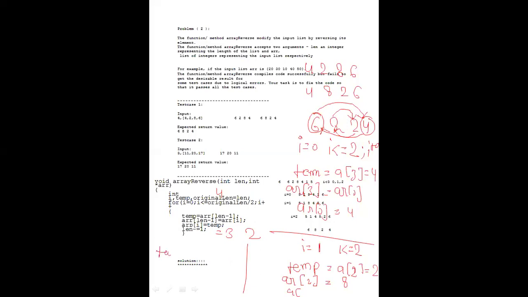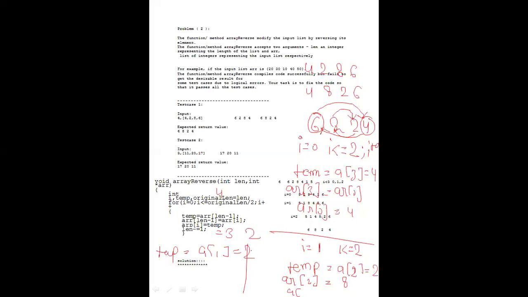So, okay, I'll move to temp. Now my temp will be storing what? Array of len minus 1. So array of 1. Now my temp will be storing array of 1 value. So what is the array of 1 value? You have to check. As for now, my array of 1 is 2. Okay, so I'll store the 2 into the temp.